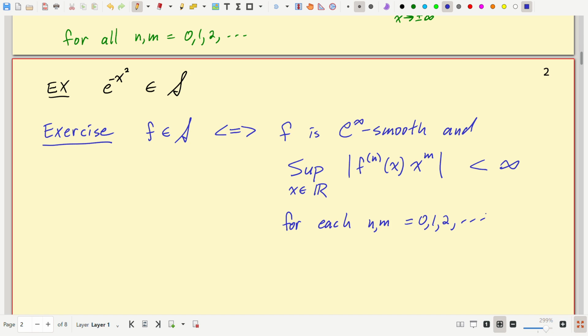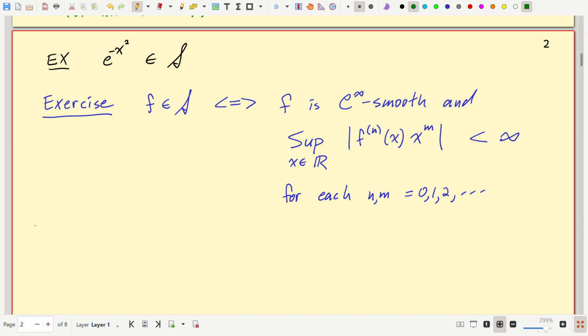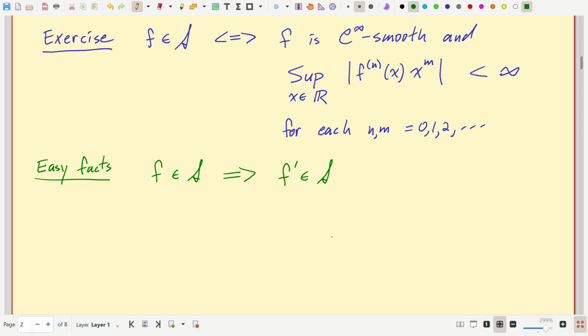All right, so there's a bunch of easy facts that I'll just tell you without boring you with the demonstrations. They basically follow from the definition. One is that if f is in the Schwartz space, then f prime is in the Schwartz space. That's kind of a no-brainer. And if f is in the Schwartz space, then x times f is in the Schwartz space.